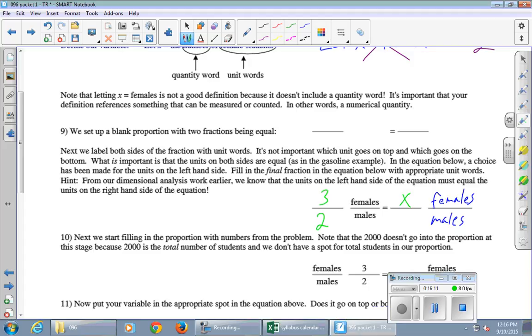Okay, there's only one other piece of info in the problem we haven't used. What is it? 2,000. We have not used that. That's important. Really tempting to say, okay, well, I've got one piece of info I haven't used. I've got one blank. Why can't we put it there?